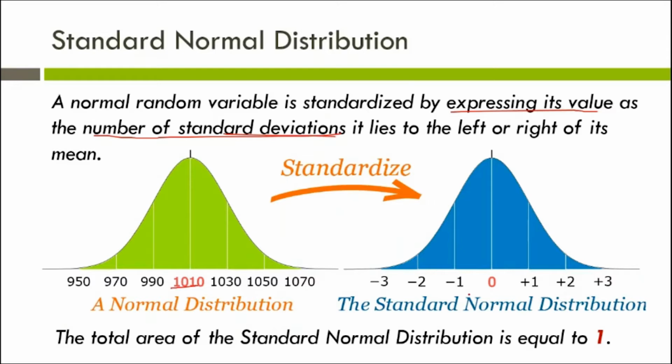We know that based on here, these ones are to the left of our mean, and this one is to the right. And to the left of the mean, when standardized, will have negative values, and to the right of the mean, when standardized, will have positive values.